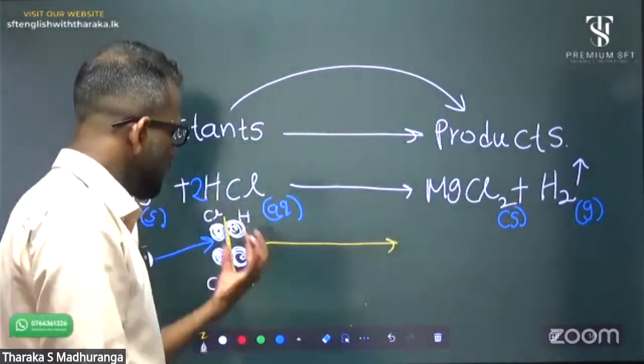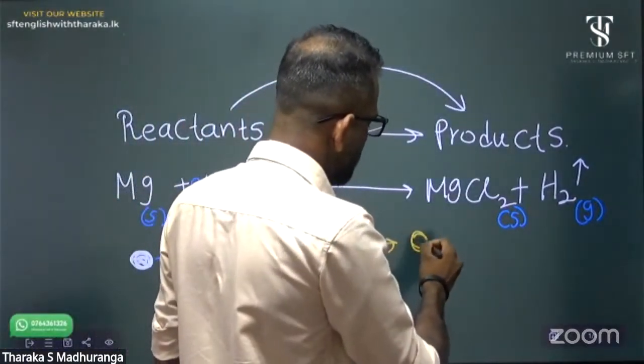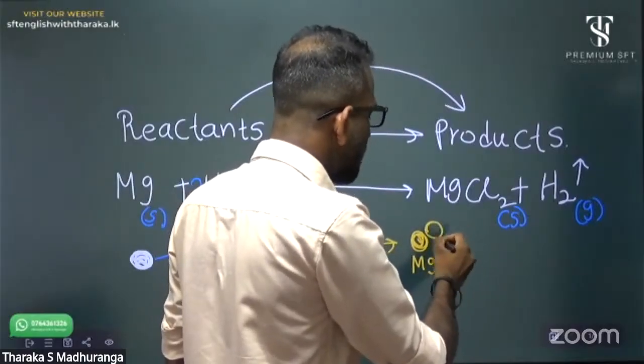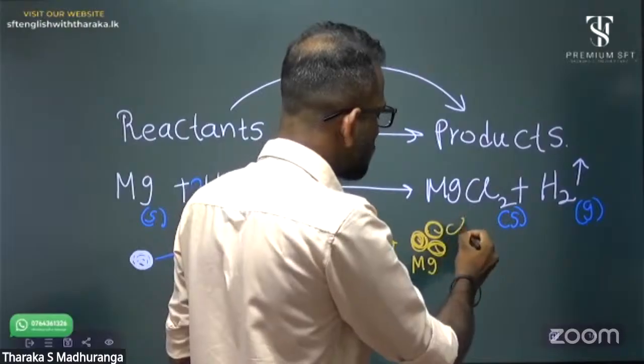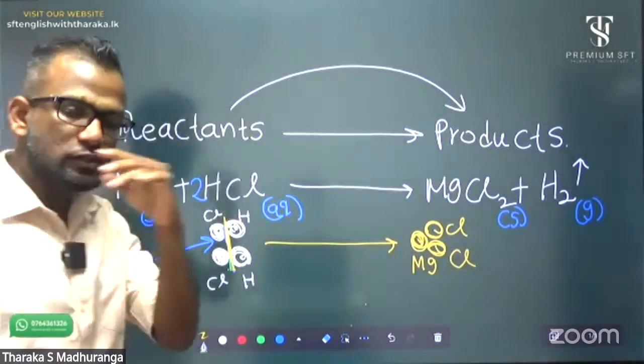Due to that, this magnesium and chloride, MgCl2, think this is a magnesium molecule and it is combined with, forming new bonds with two chlorine molecules. Okay, that's the meaning of MgCl2.